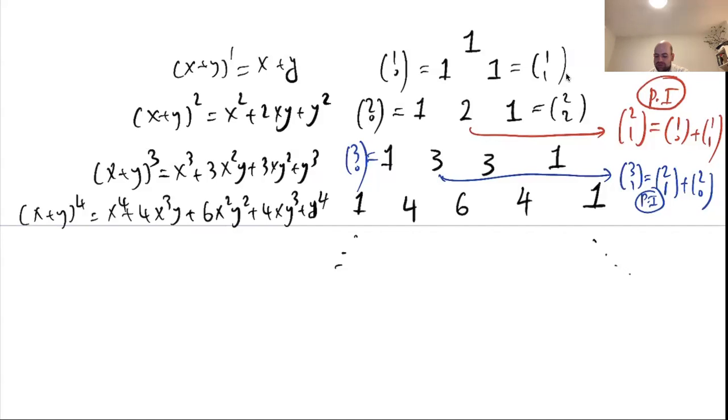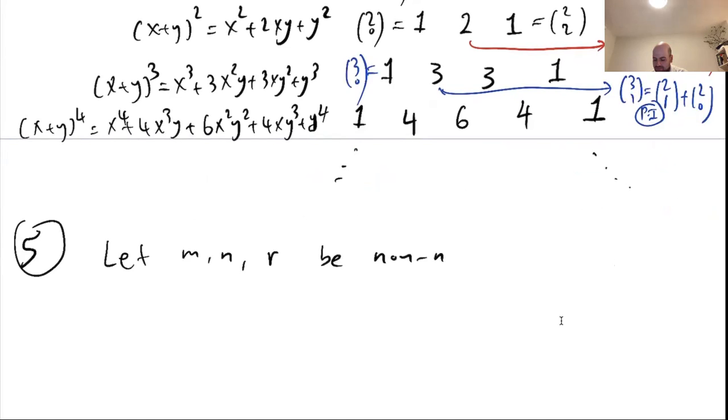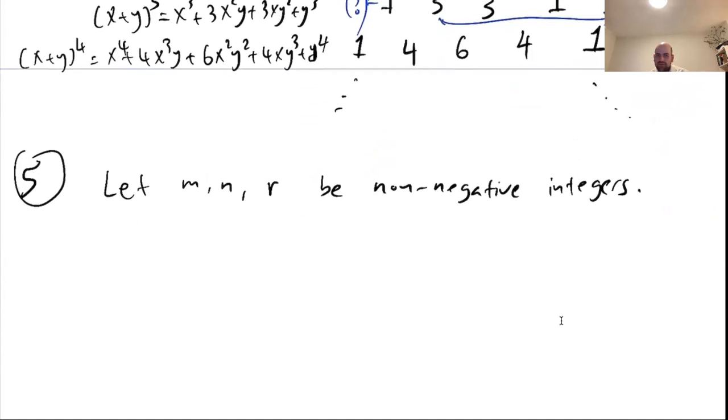All right, the next property for binomial coefficients. Let m and n and r be non-negative integers with r less than or equal to the minimum of m and n.